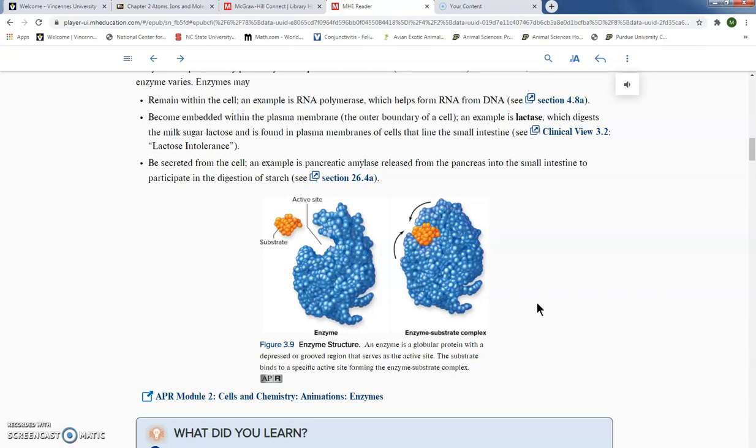And then the third place you can find enzymes is outside the body. So some cells will make enzymes, and then through exocytosis, they'll release them. That's pretty common in the digestive system.